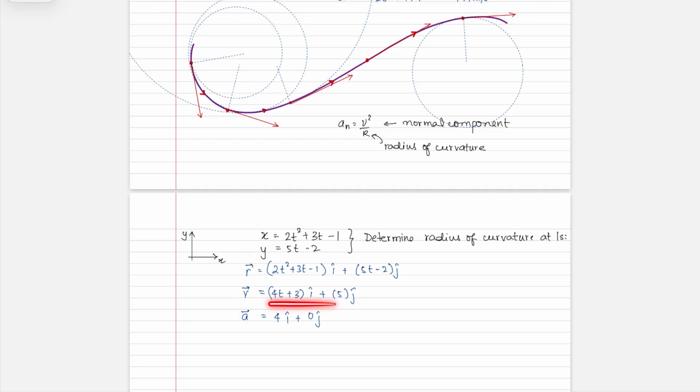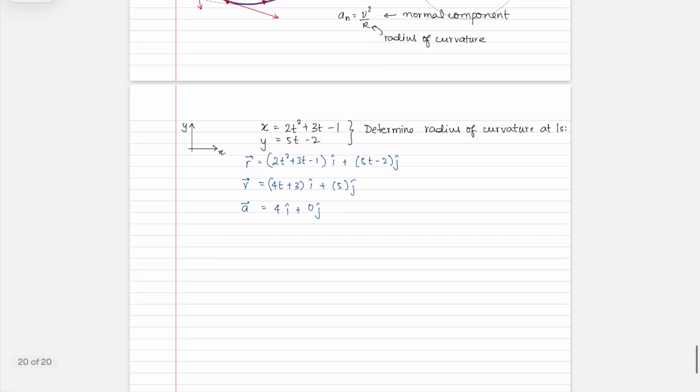So this is dependent on the rectangular coordinate system, but we can now break down the acceleration into a component that is along the direction of velocity and a component that is perpendicular to the direction of velocity. And that would give you the tangential and normal components. Okay, that should be your strategy. Go ahead and try for yourself.